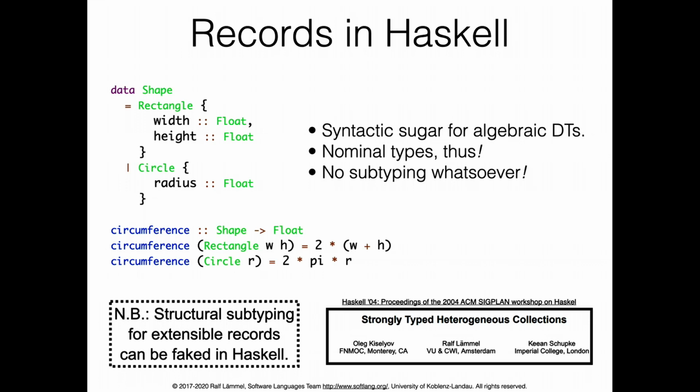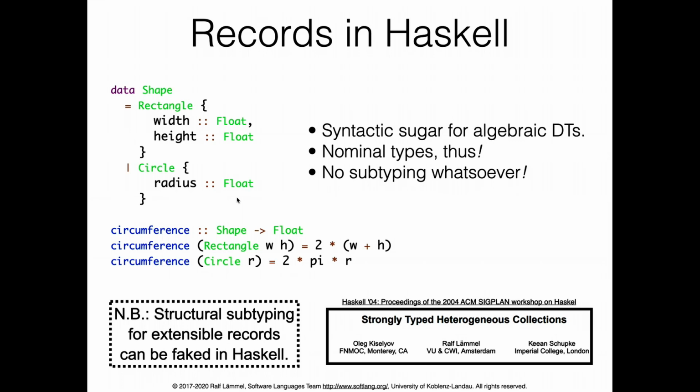Maybe one final word on comparing the kind of records that we just discussed, or records and variants, with the type system in Haskell. Well, we do have records in Haskell, so we can define such a type Shape here, and there's one constructor Rectangle, another constructor Circle, and we have all these components that we have seen previously.